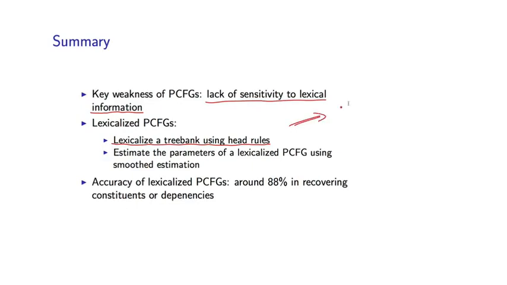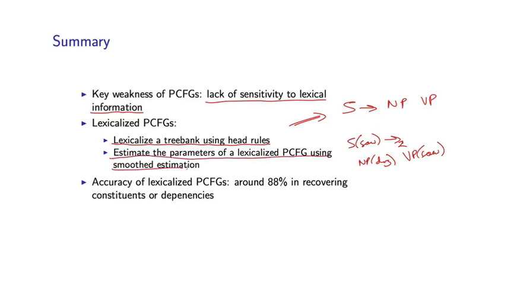This allowed us to go from rules like S goes to NP VP to these lexicalized rules like S(saw) goes to NP(dog) VP(saw). So we used this trick to vastly increase the number of non-terminals and also the number of rules in our grammar. The second step was to estimate the parameters of a lexicalized PCFG using smoothed estimation.